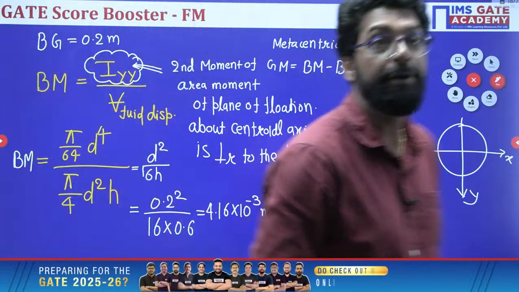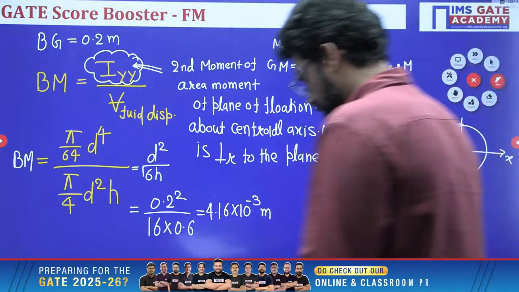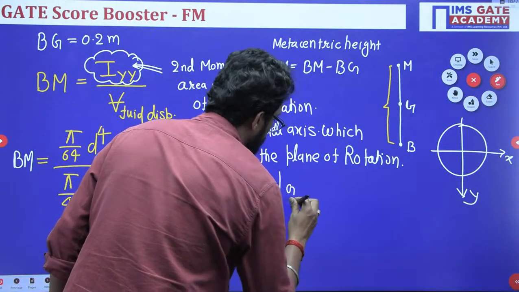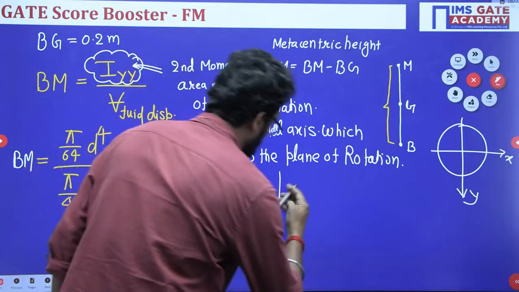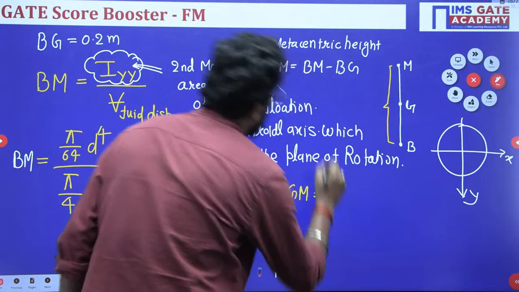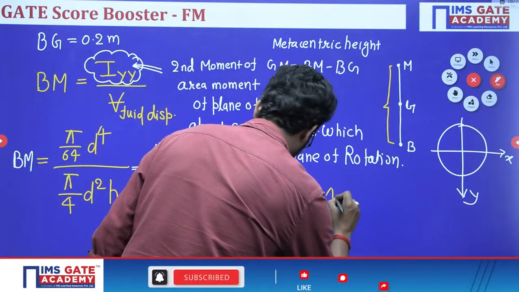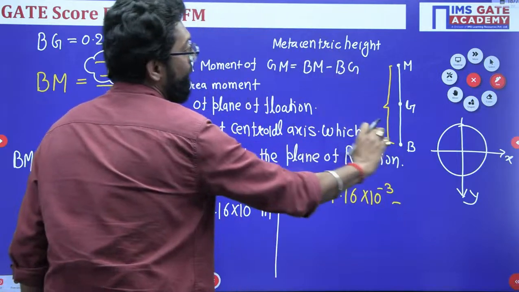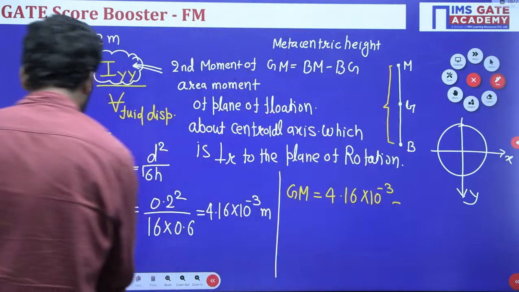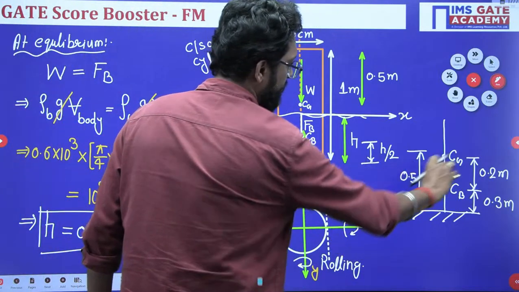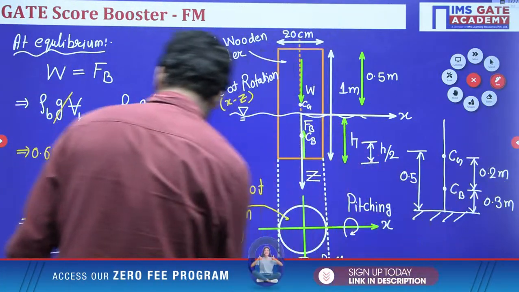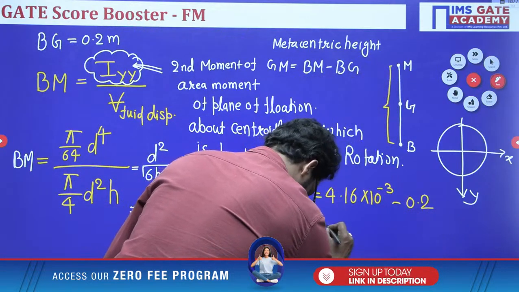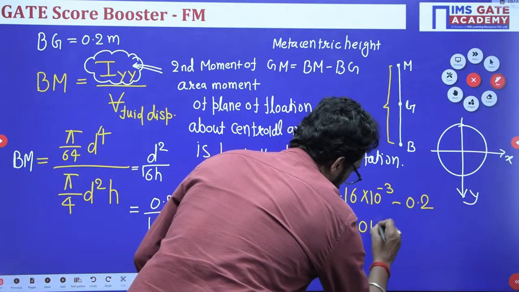Now, if you find GM, BM is equal to 4.16 cross 10 to the power minus 3, minus BG, and BG is 0.2. See my dear, this is minus 0.019 meter.